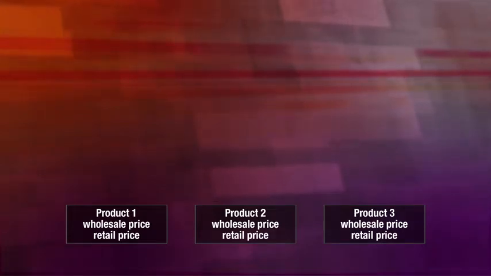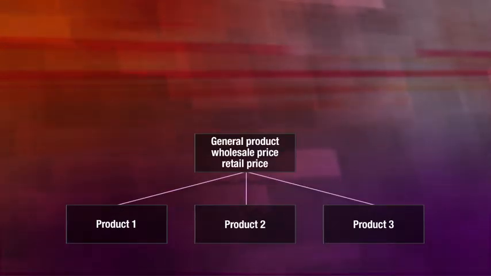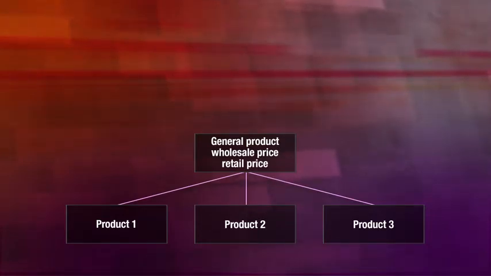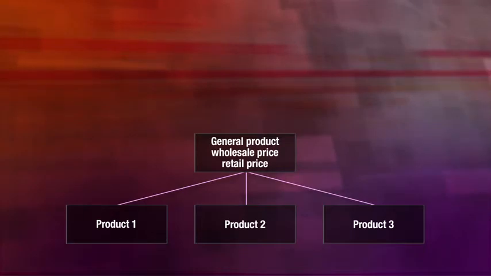So, rather than defining wholesale price and retail price for each of them, you could instead define a single class that handled wholesale and retail price, and then every product could just inherit from that one class. So, bottom-up involves taking multiple ideas and extracting from them common ideas. Whether top-down or bottom-up, the end result is a similar arrangement of classes.